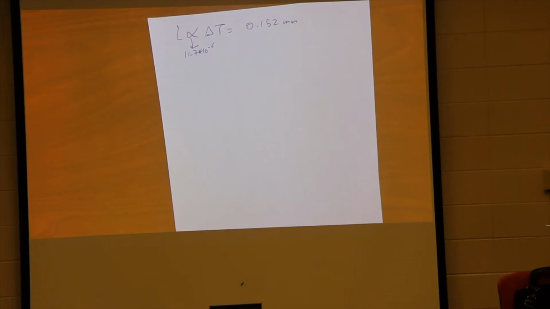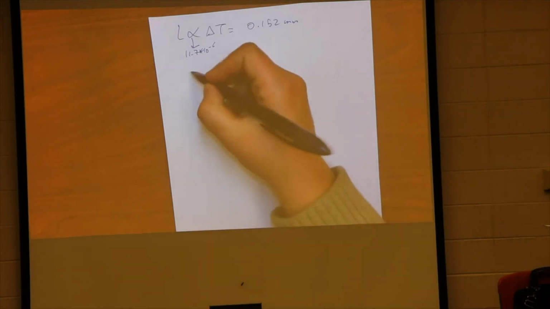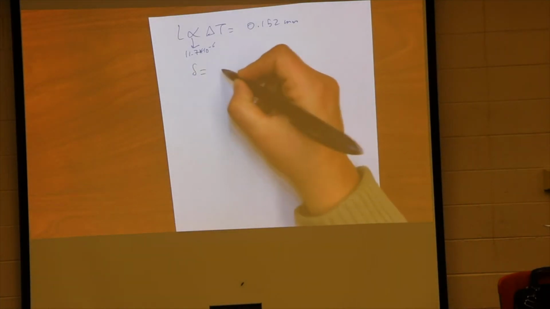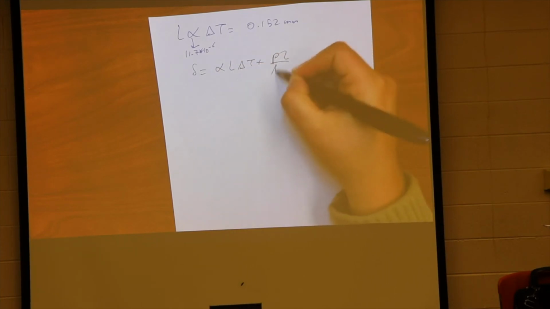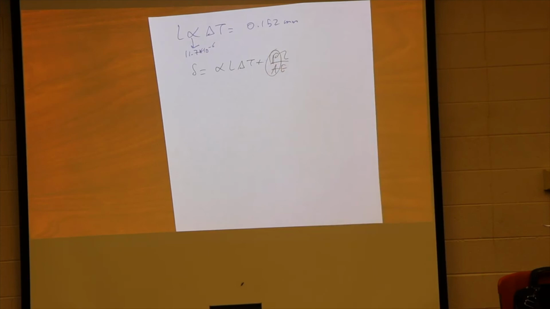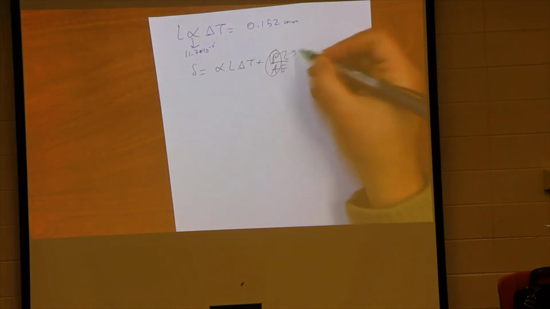All right, great. There are different ways of doing this, but you can say that delta equals alpha L delta T plus PL over AE, and this is your sigma. Solve: L is 130.